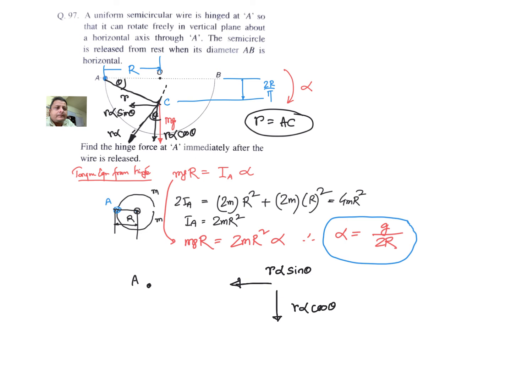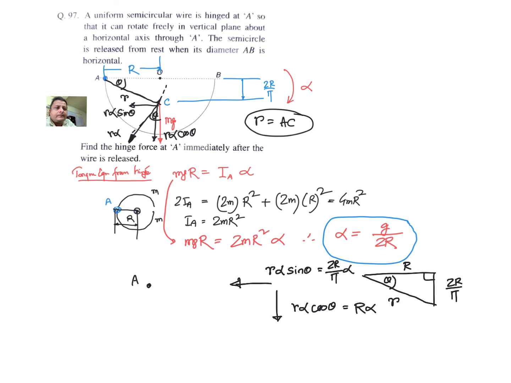Now look at the diagram, theta, that's r, this is 2r by pi, as we know, and this is r. So small r times cos theta equals capital R, so capital R times alpha, and small r times sin theta is 2r by pi, so 2r by pi times alpha.